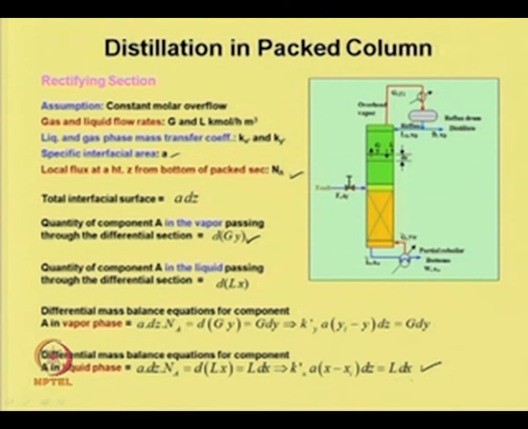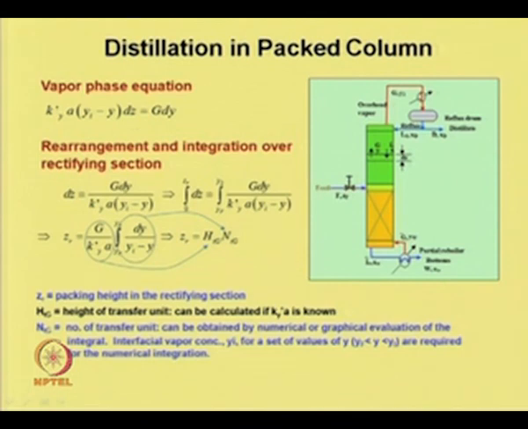to L dx. If we take these vapor phase equations, rearrange and integrate over the rectifying section from 0 to Zr, where we consider the height of the rectifying section is Zr, then Zr would be G by ky dash a times the integral from y2 to y1 of dy divided by (yi minus y).